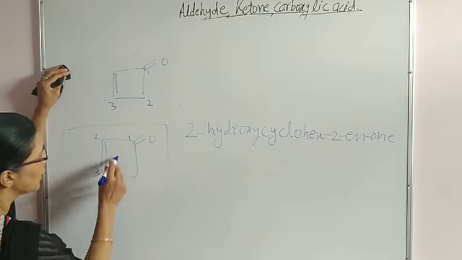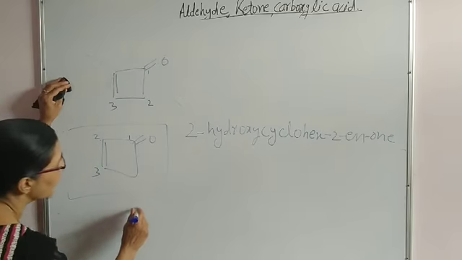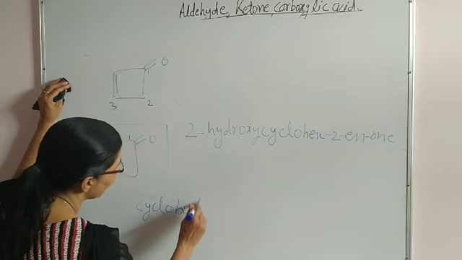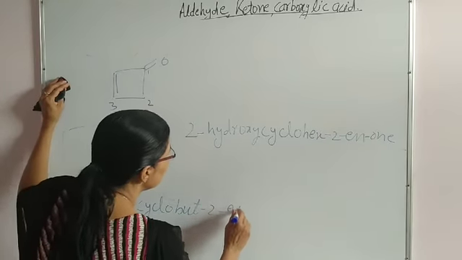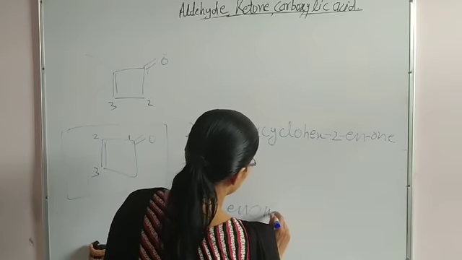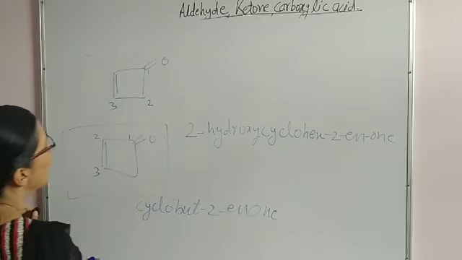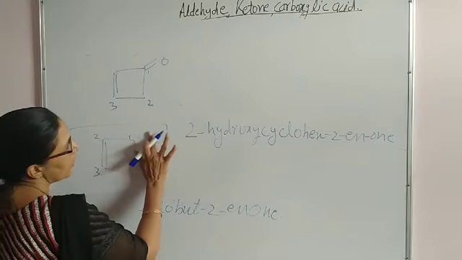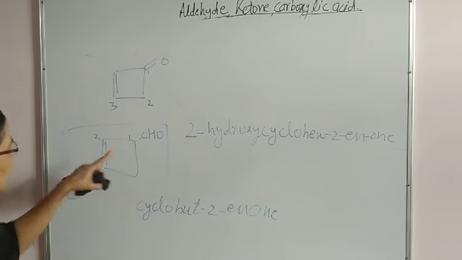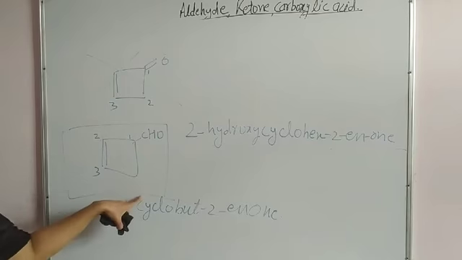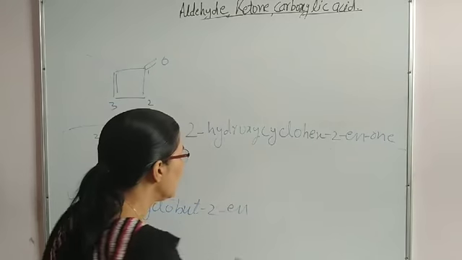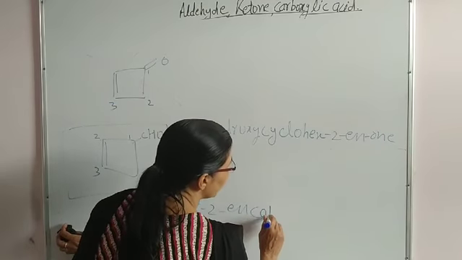Now, the name of the compound will be cyclobut-2-en-1-one. Okay. Suppose instead of double bond, now I am writing CHO. Done. This naming 1, 2, 3 is exactly correct. But cyclobut-2-ene, later you will need to write carbaldehyde.